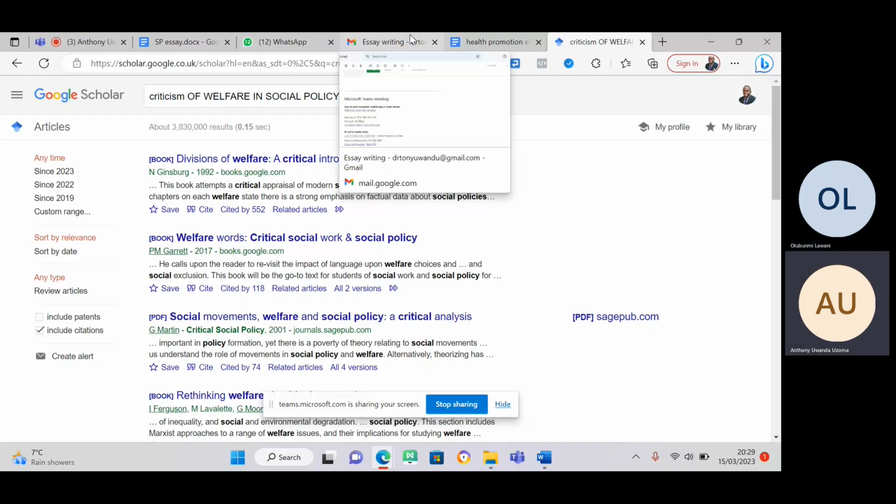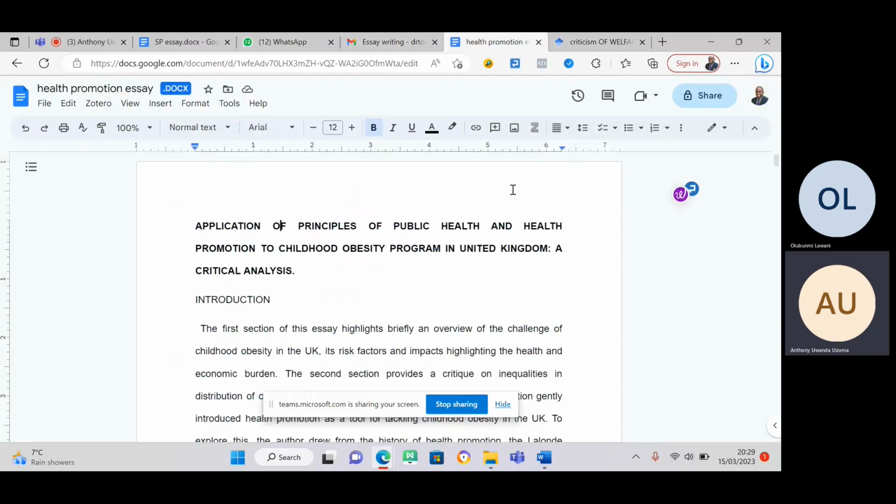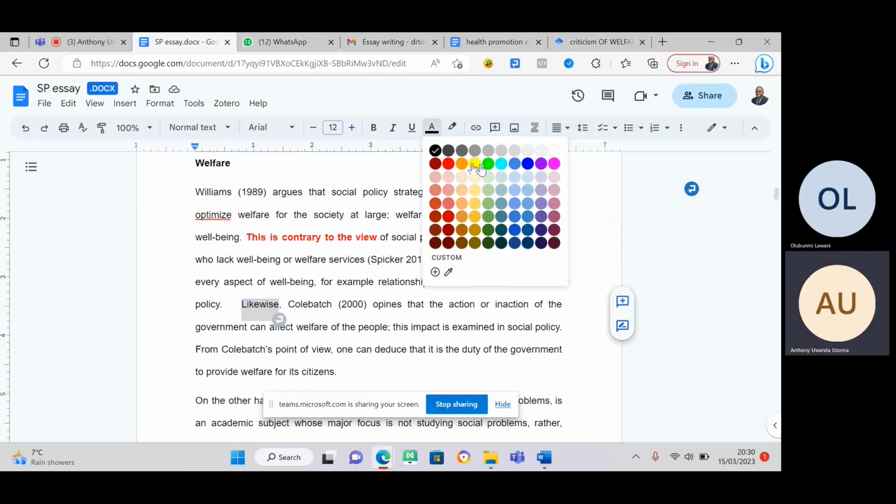So anything you're writing, try to remember that everything that has an advantage has a disadvantage. I'm just giving you an example, showing you how to use it: argument and counter argument. Likewise is what? Similarity.